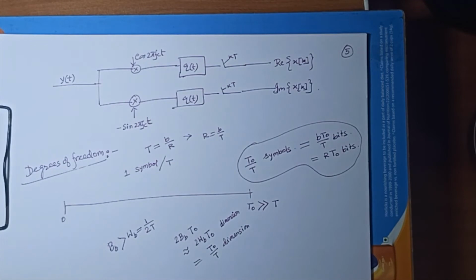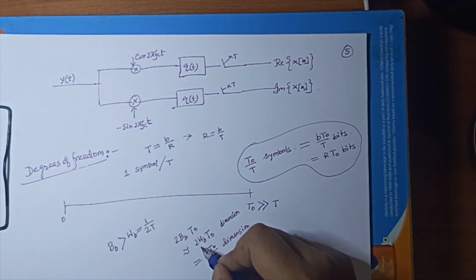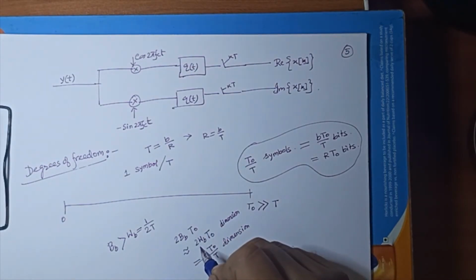For QAM, it should be the same. So in QAM, your bandwidth is 1 by T, it is double of this. But over there you have the complex signal, so you can send 2 signals per dimension. So your dimension is half of this, so W into T0.